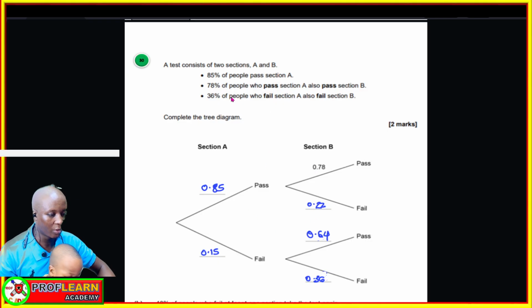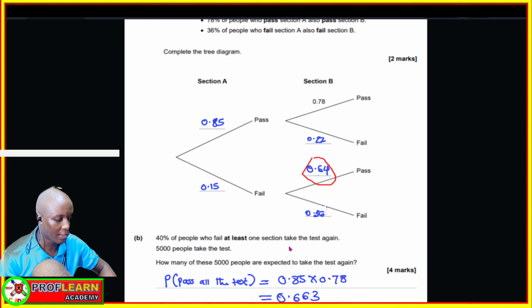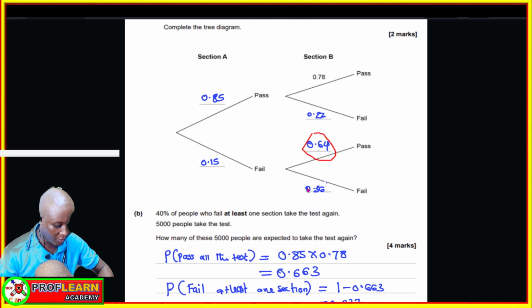And for those people who fail section A, 36% also failed section B. So meaning if this group failed, the probability of failing will be 0.36. So it will be 1 minus 0.36 to know the probability of passing. So you can see here that if somebody fails, chances of passing are a little bit high because this person is going to work extra hard.